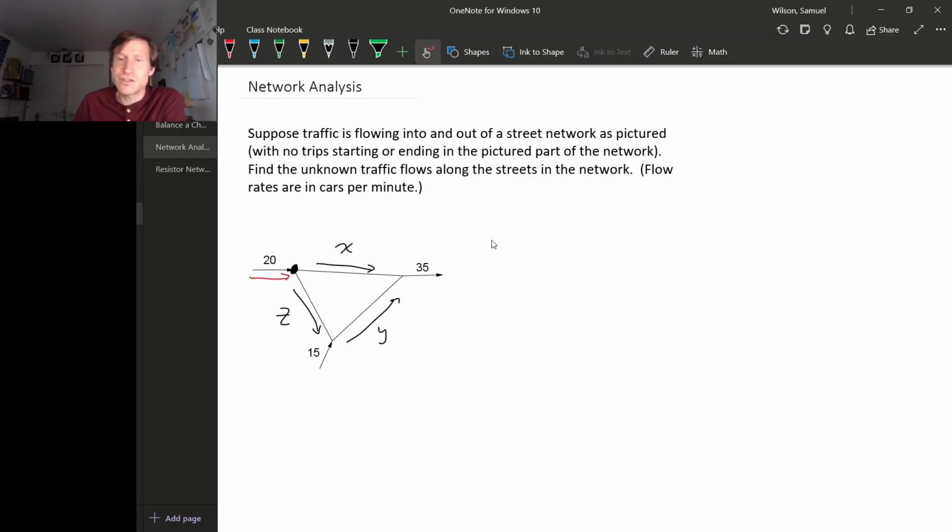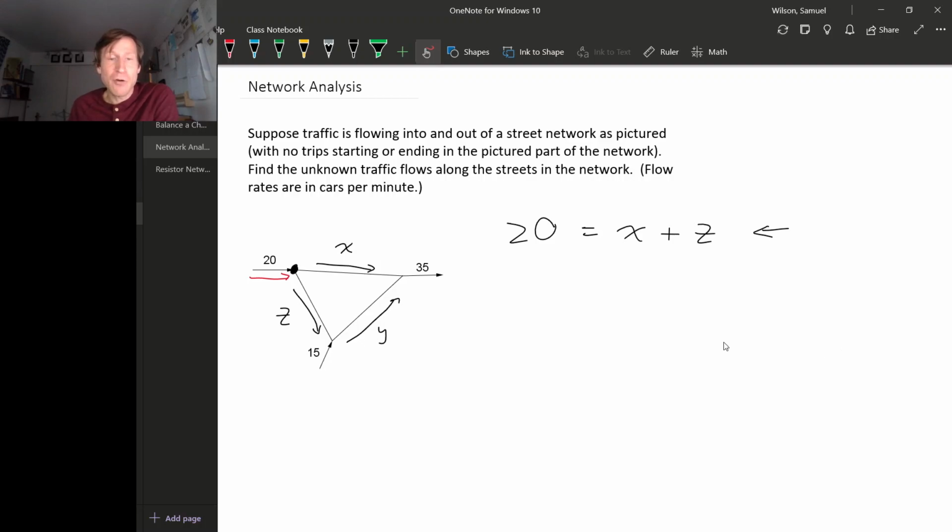So at this first intersection, we have 20 cars per minute flowing in. Flowing out, we have x and also z, because the way we have this drawn, z is going down, and that's outwards for this intersection. So this intersection gave us an equation, and it happens to be a linear equation, of course. If it weren't a linear equation, I probably wouldn't be bringing up this application.